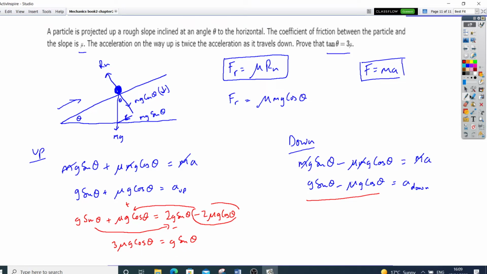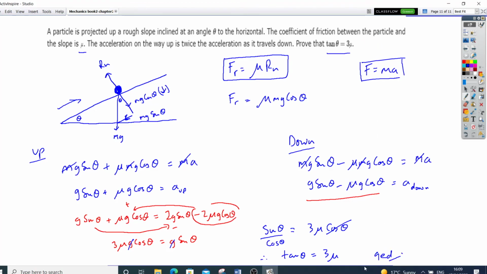I can cancel the g's out, so I'm left with sine theta equals 3 mu cos theta, and if I divide through by cos theta, I end up with tan theta equals 3 mu. QED.